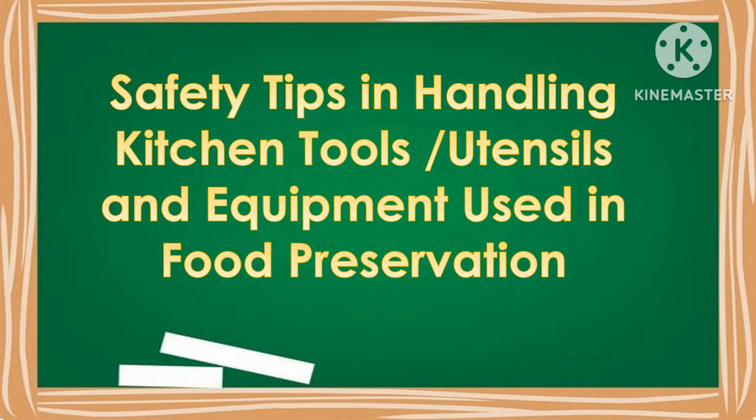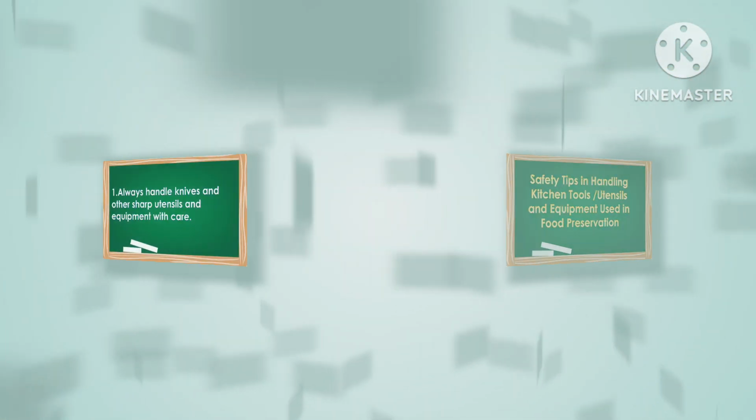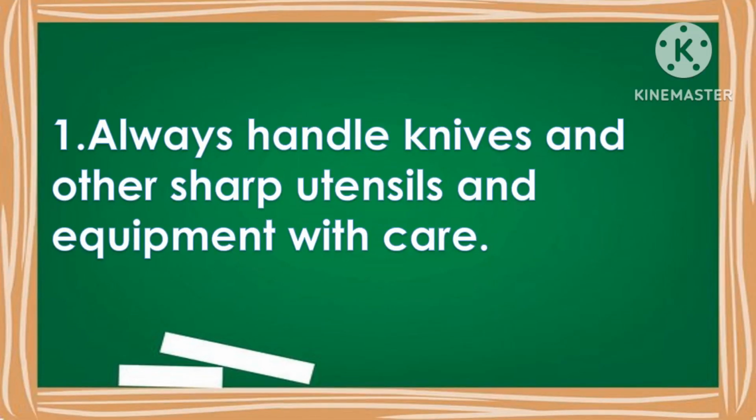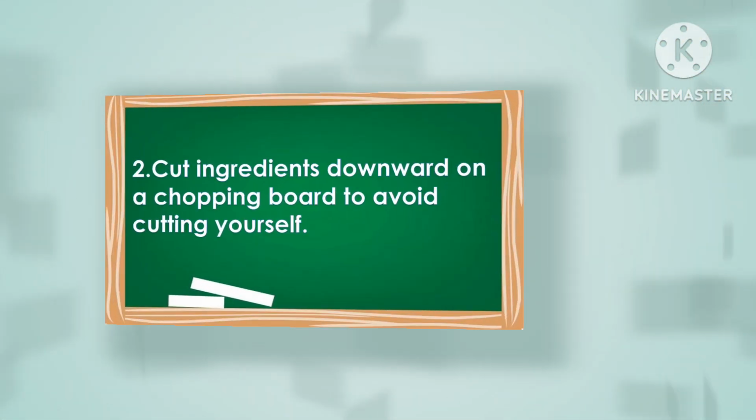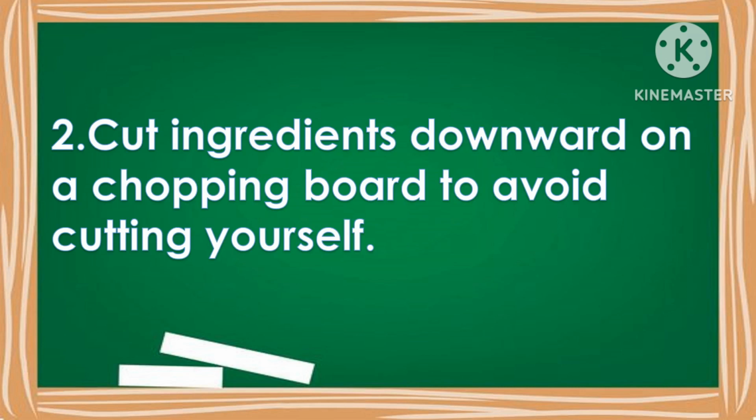Before we proceed to our next activity, please remember the safety tips in handling kitchen tools or utensils and equipment used in food preservation. Number 1. Always handle knives and other sharp utensils and equipment with care. Number 2.